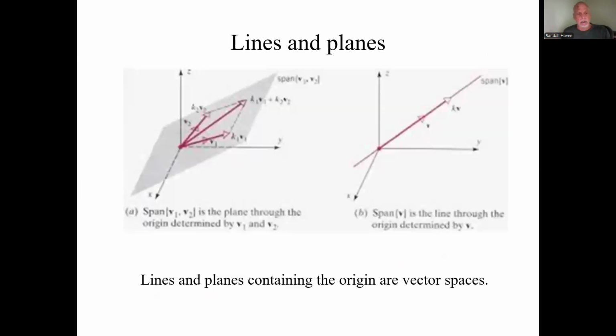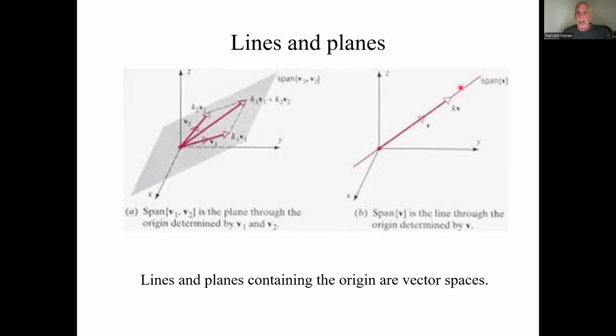But here are some examples. Take a plane that contains the origin. If you add any two vectors in that plane, the result is going to be in that plane. If you multiply any vector in that plane by a scalar, the result is going to be in the plane. That is a vector space. If you have a line, you add any two vectors that are on that line, it's still going to be on that line.